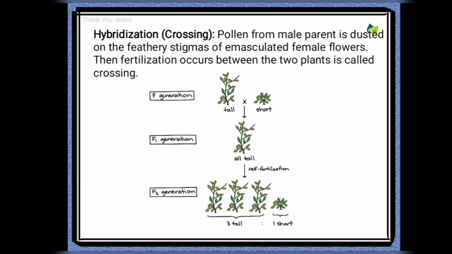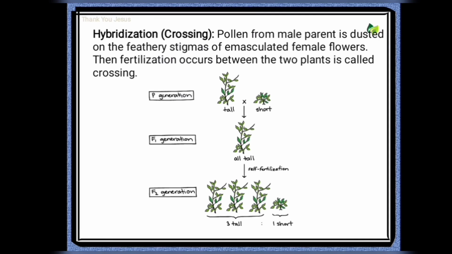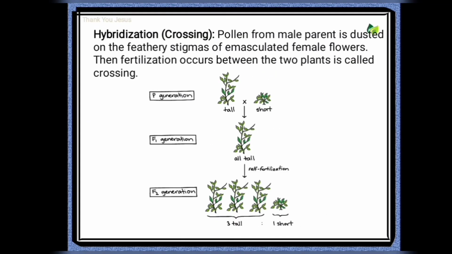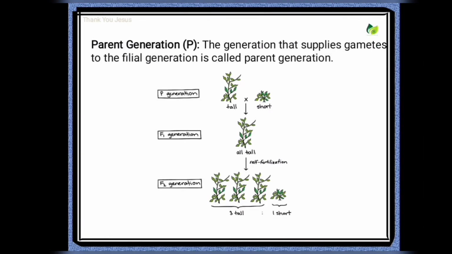Here you have to see the diagram. The first one is the male plant and the second one is the female. The pollen from the first parent is dusted on the second plant's stigma for fertilization.